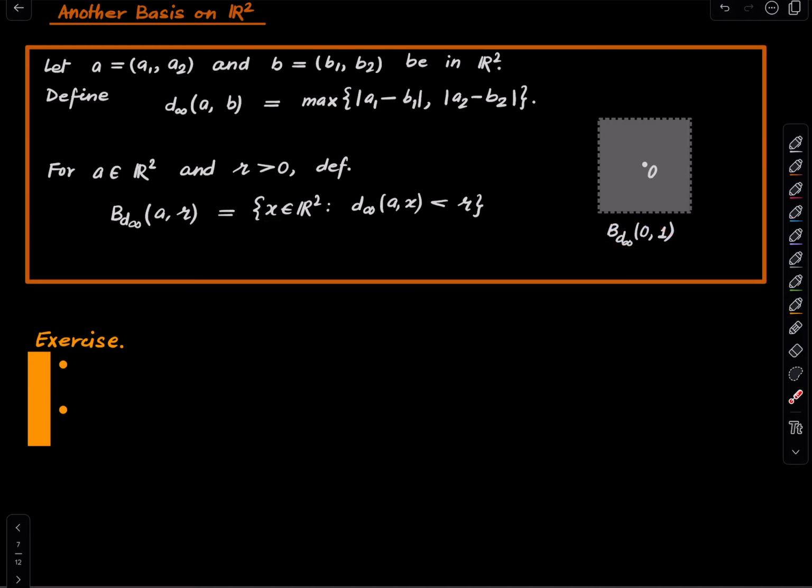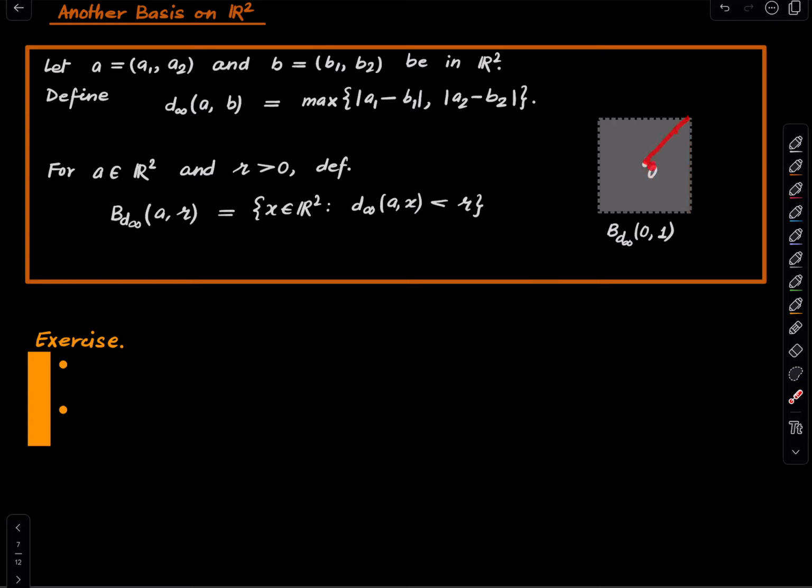So clearly, if you make this 45-degree line, then all the points which are before the line x equals 1. So this is the line x equals 1. And let us also make this 45-degree line. All the points here in this region, they are lying inside this ball, because the x2 coordinate absolute value will be less than 1 inside this region, and the x1 coordinate also has that property.